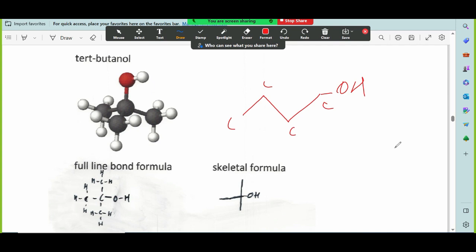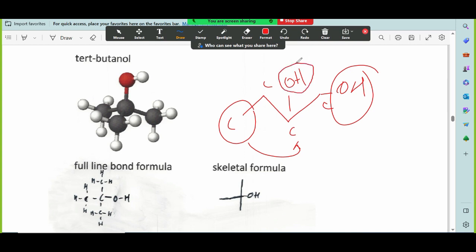This OH, this side group now is here, connected to the second carbon, and the alcohol is also connected to the second carbon. So tert means that the alcohol, the functional group, is bonding to a tertiary carbon that is connected to 3 different carbons. So it's connected to this, and to this, because this one is no longer here, it's here. So you see, this is the carbon that we are talking about.